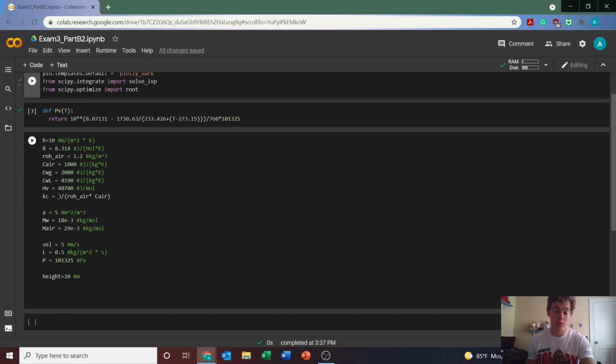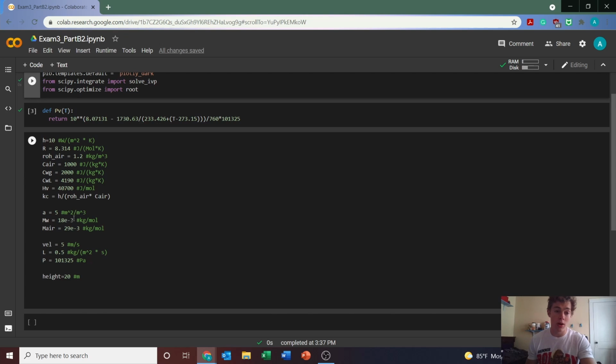Then I wrote down the equation for our mass transfer coefficient, which is our heat transfer coefficient divided by the density of our air times the heat capacity of our air. And then we're given a specific area of 5 in the problem, in units of meters squared per meters cubed.